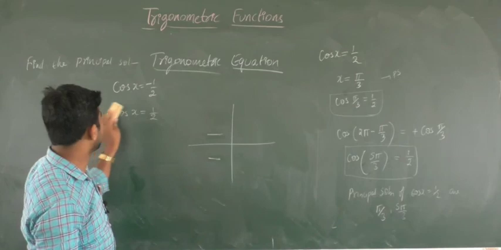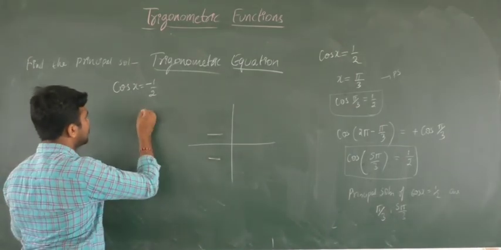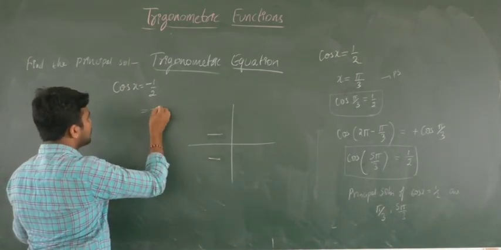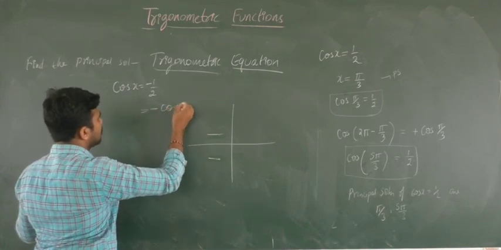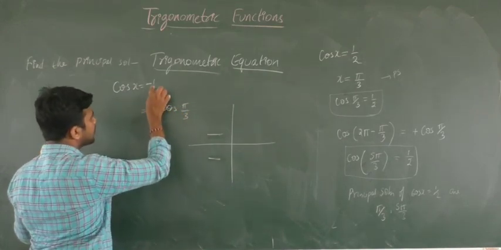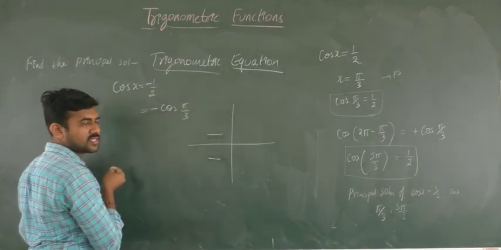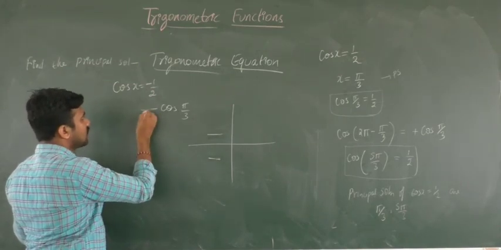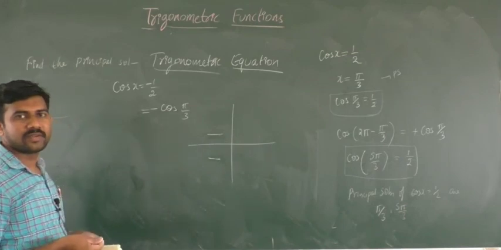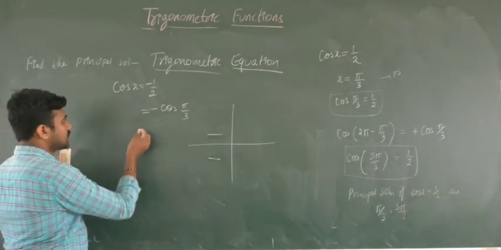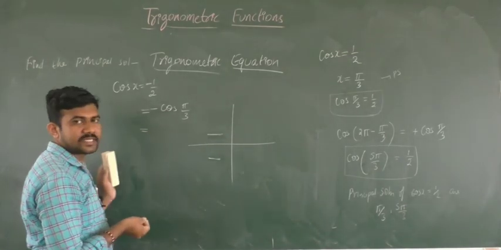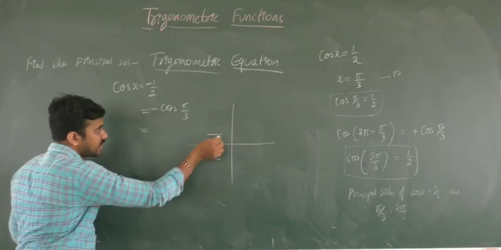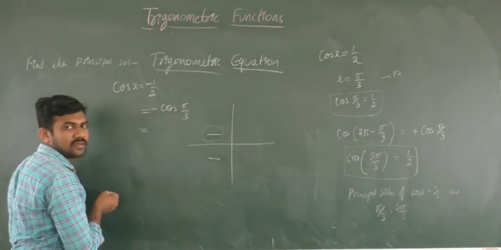Here we can write this as minus cos pi by 3, minus half, that is cos pi by 3, cos 60 degree. So cos x is equal to minus cos pi by 3 you got. In the second quadrant it comes as minus cos pi by 3, right? How can we write minus cos pi by 3?